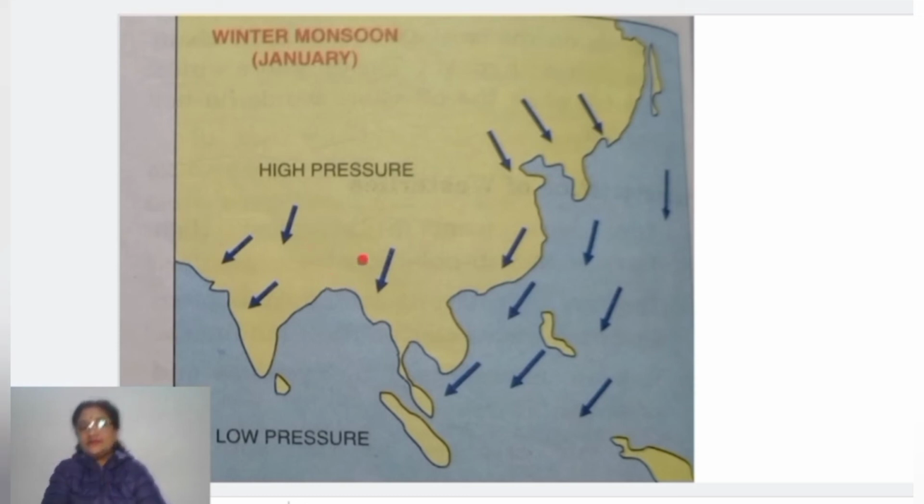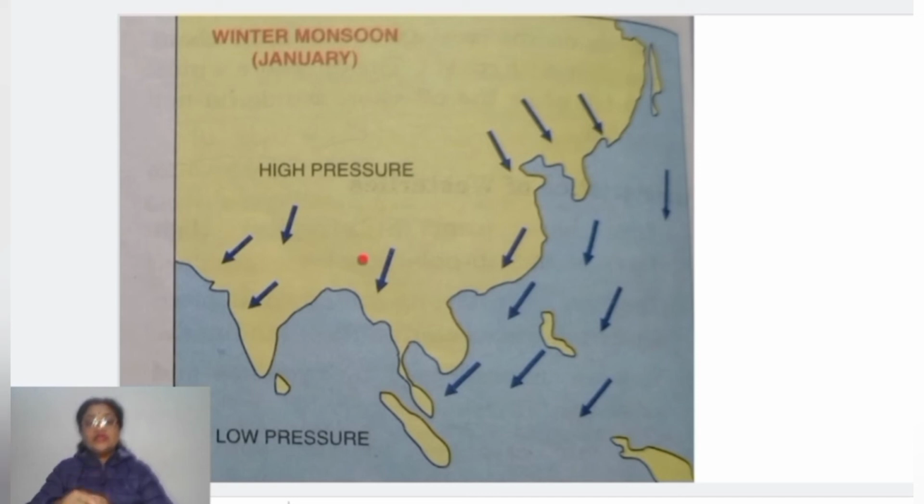Once again, I must tell you children, that if you think of it, it's just like the land and sea breeze. The only big difference is that the land and sea breeze blow during day and night within one day. That is a daily phenomenon. But when we talk about these monsoons, these are the winds which blow during seasons, summer and winter monsoons.